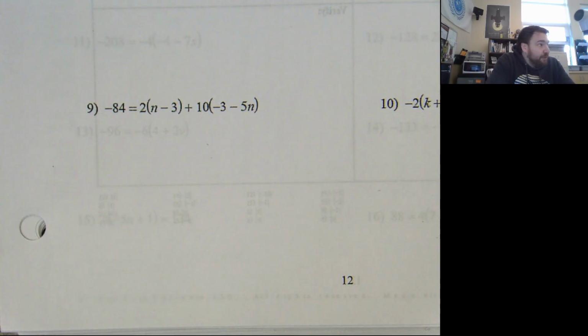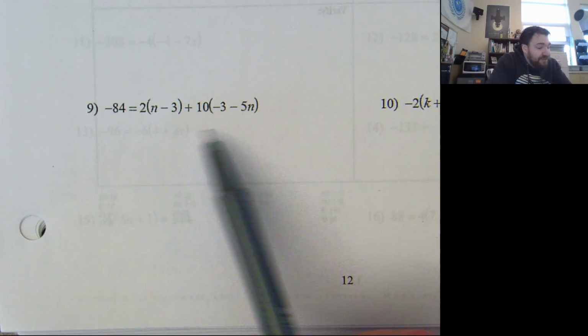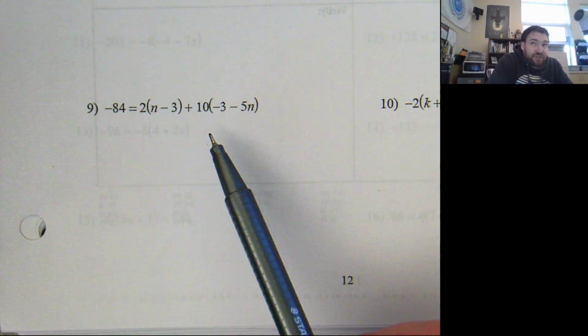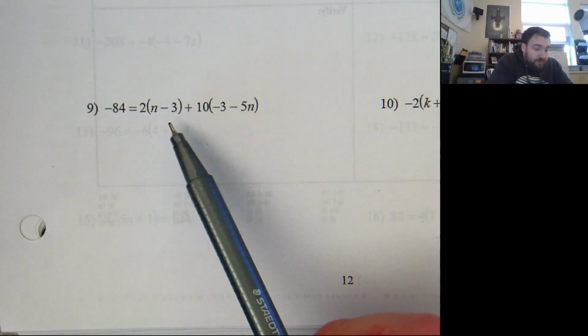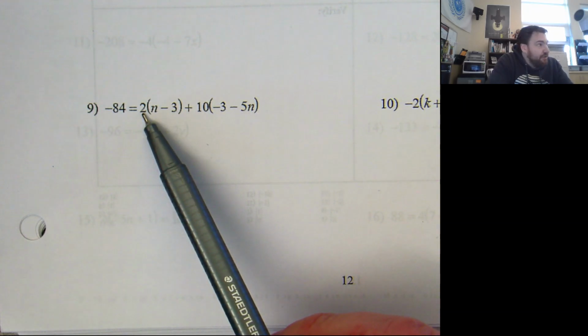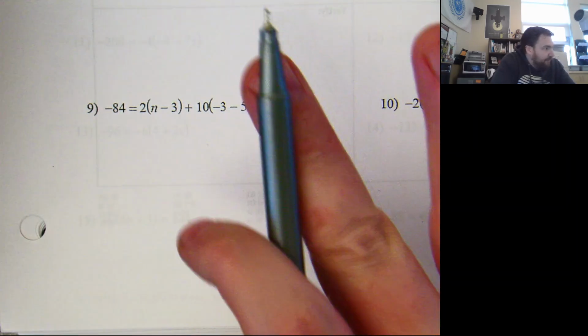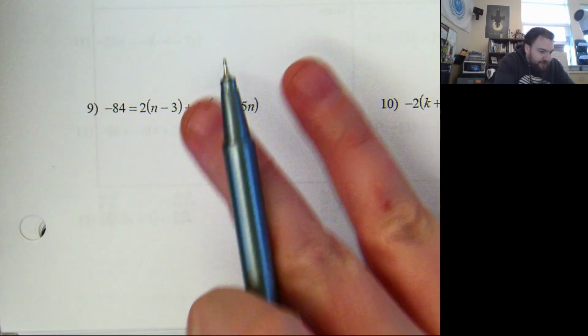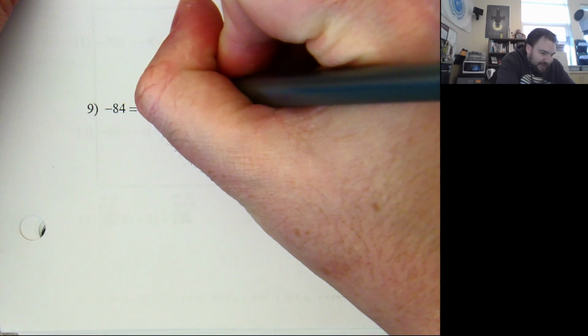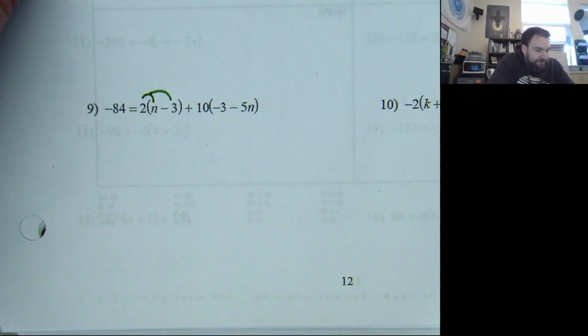What we need to do on this question, I've got multiple sets of brackets. We need to make sure that we distribute each monomial onto its neighboring binomial. So the first step is going to be to distribute. I'm going to multiply this 2 in there and in there.